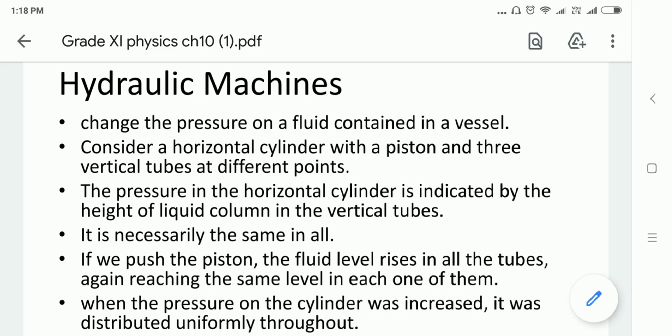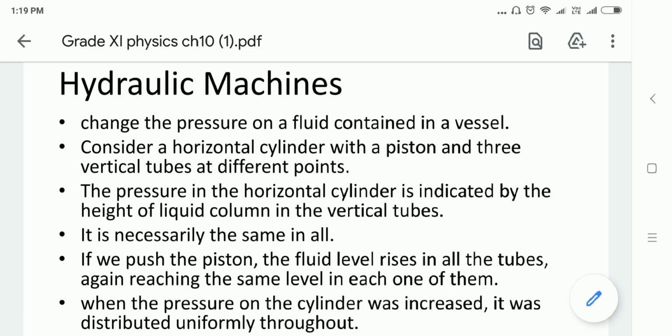If we push the piston, the fluid level rises in all the tubes. Again, in all the tubes, the fluid reaches the same level. When the pressure on the cylinder is increased, it is distributed uniformly throughout the tubes.